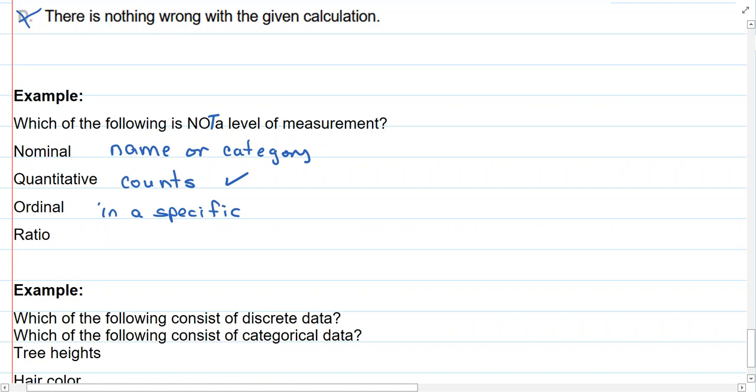All right, now remember what the ratio said. Okay, because we have to consider everything. A ratio, there is a natural zero, and they make sense, but they are not countable.